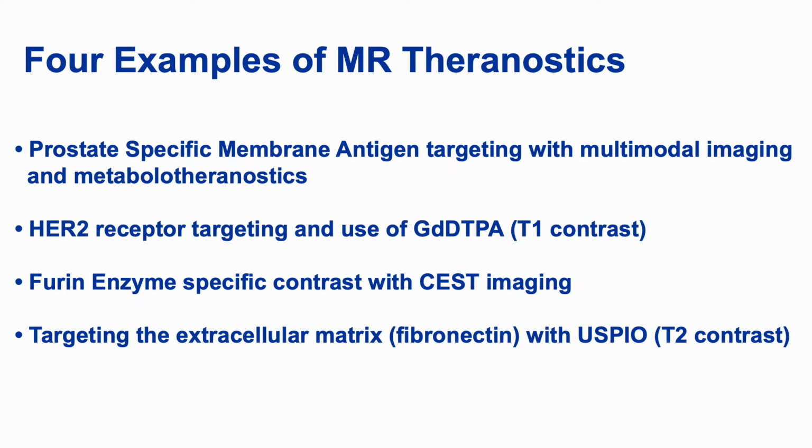The third example is to show how a Furin enzyme-specific contrast can be generated with CEST imaging. And the last example I've picked is targeting the extracellular matrix, in this instance fibronectin, with ultra-small superparamagnetic iron oxide nanoparticles that generate T2 contrast.